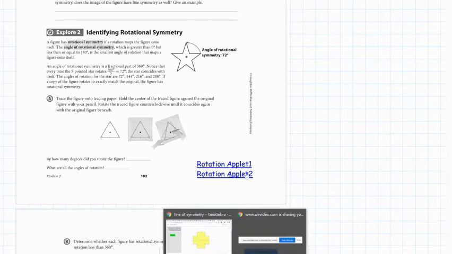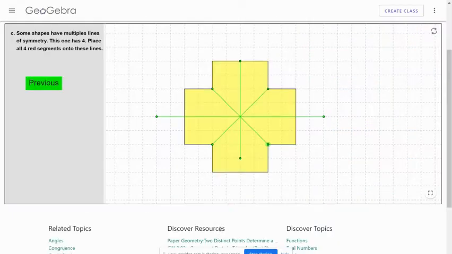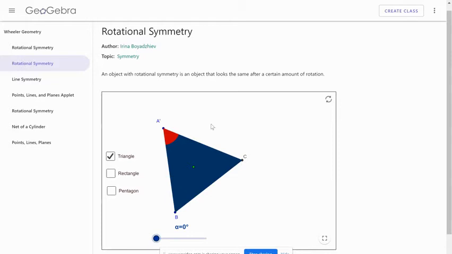And so this first applet, the rotation applet number 1, does a good job of demonstrating that. So here I have an equilateral triangle, and so watch the red corner. When I turn this figure to there, it looks exactly the same except for the red corner. So that's what we're looking for, rotational symmetry.